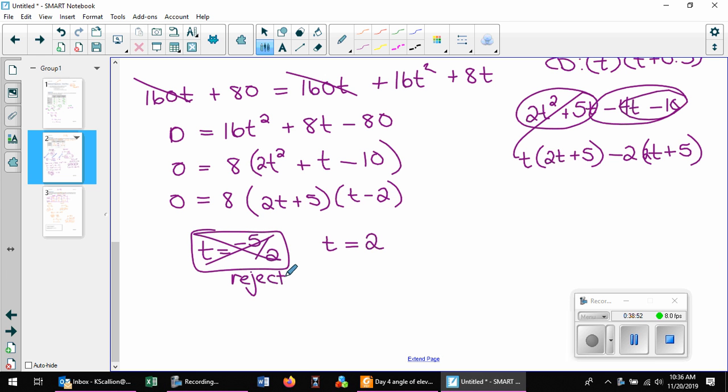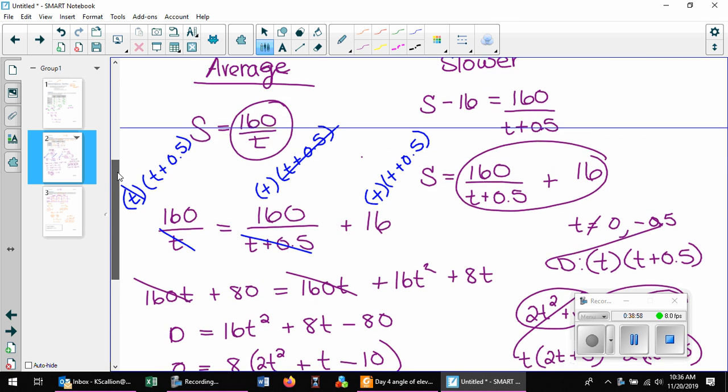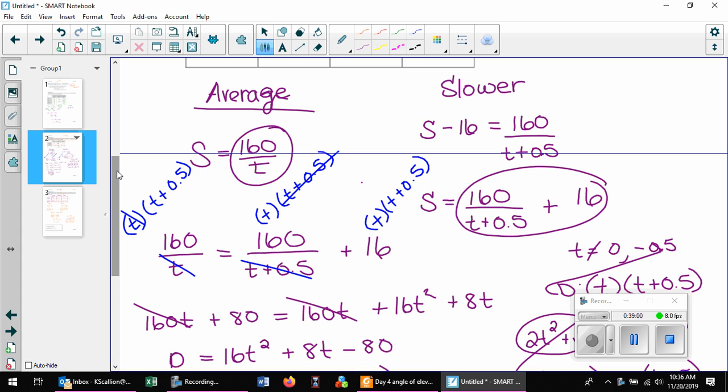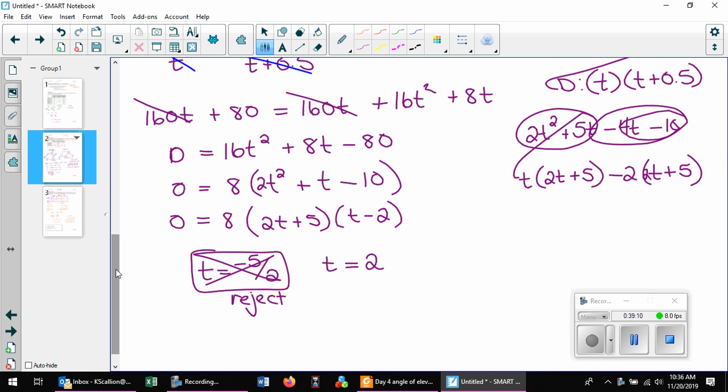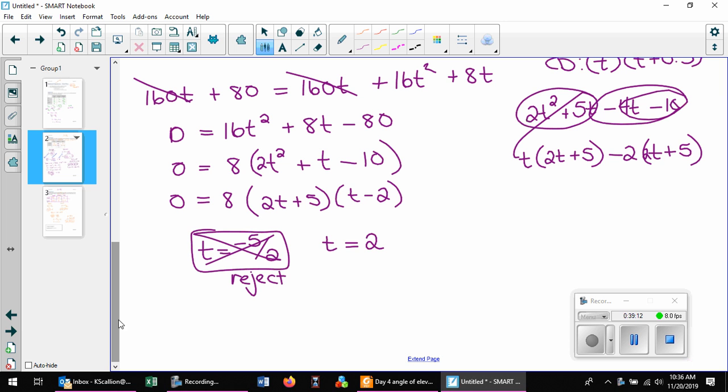Okay, is that my answer? These two? We're going to use the easy one, right? It will work if you do it over here. You'll get the exact same answer, but you got to do more math. So let's do less math. What's the average speed?